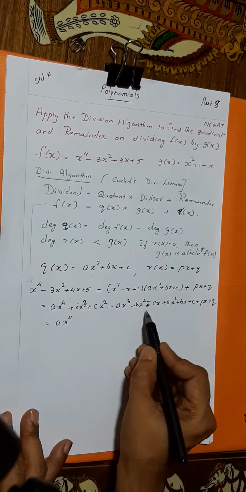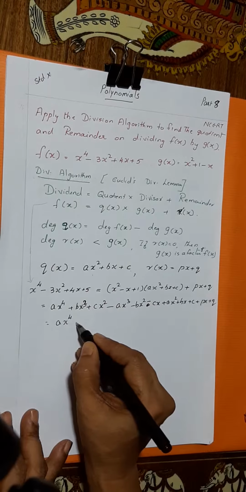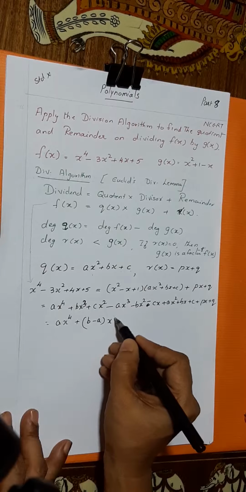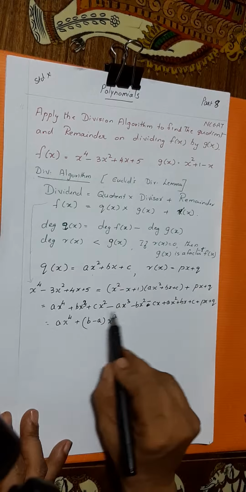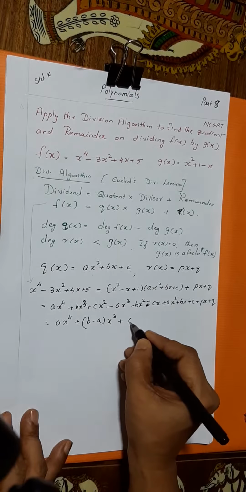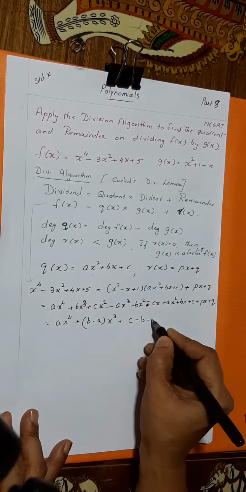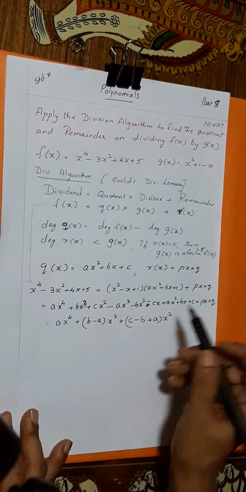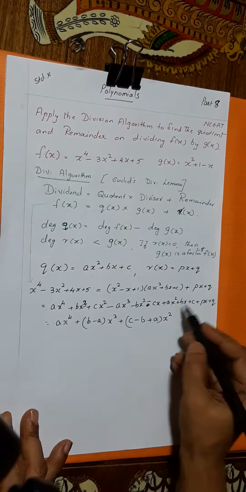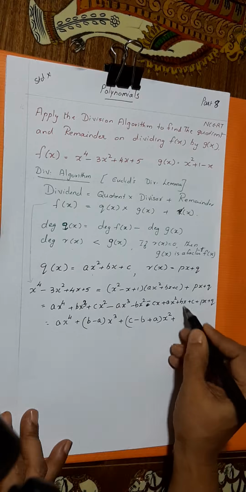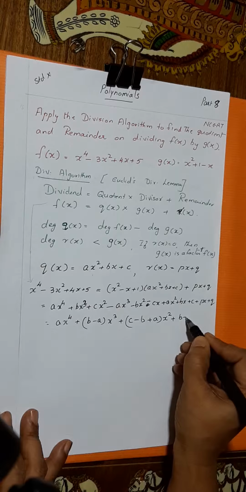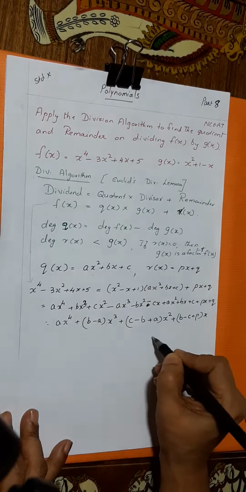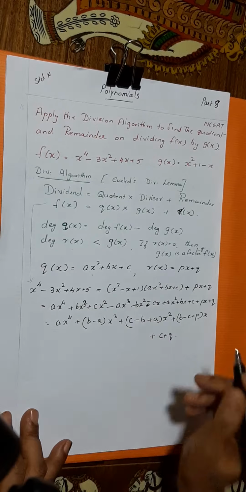Now the x cube term will be these two, so I will write plus b minus a into x cube, then the x squared terms will be plus c minus b plus a into x squared, and then coming to the x term, plus b minus c plus p into x, plus c plus q.